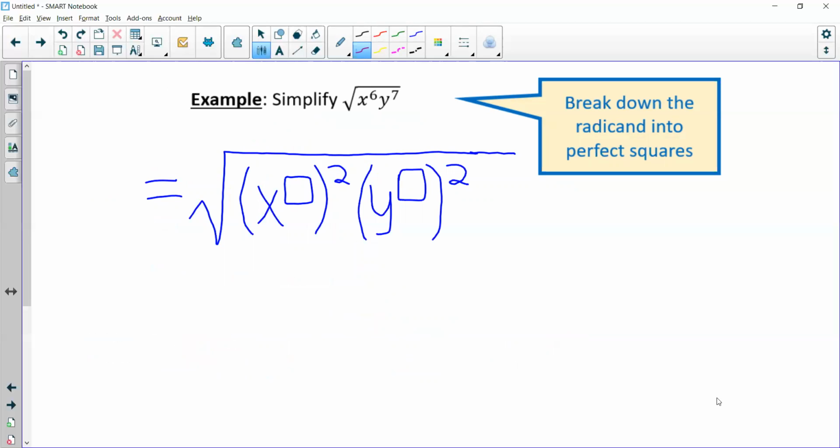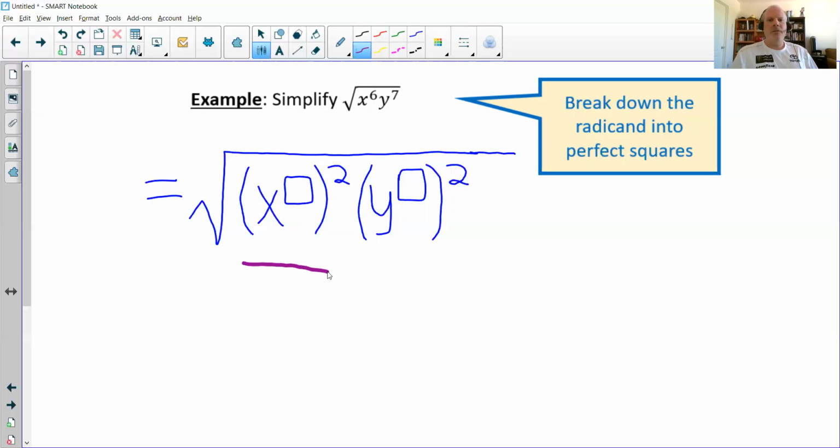How about this next example? Notice this one is a little bit different because now I have this exponent that's an odd number. So how do we handle that? If we have an odd number exponent, there's a certain way we can do this. So as you can see, I wrote this out as being x to some power squared.